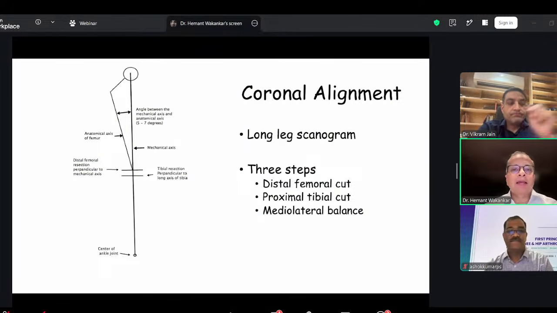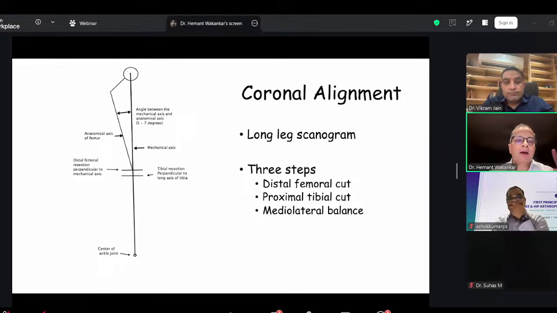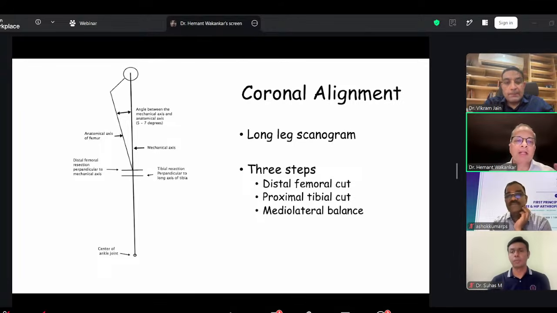I think the bottom line is that this is the graphical representation of the knee with the hip center, limb alignment going through the center of the hip to the center of the ankle and passing through the knee at some point. This is, as you can easily see, on the long leg scanogram.